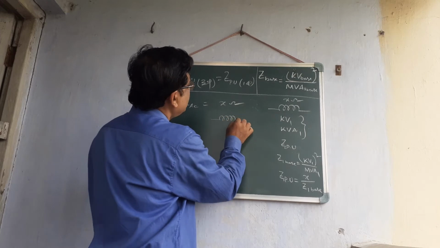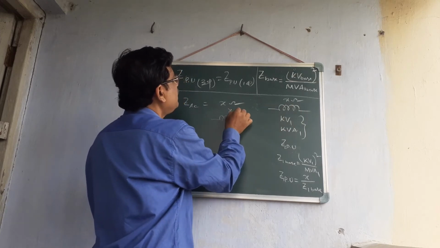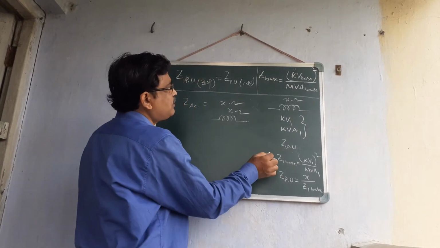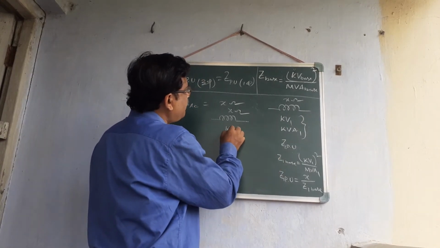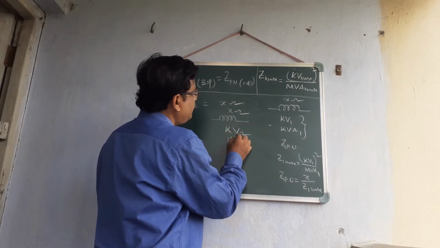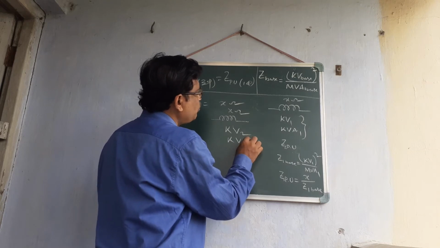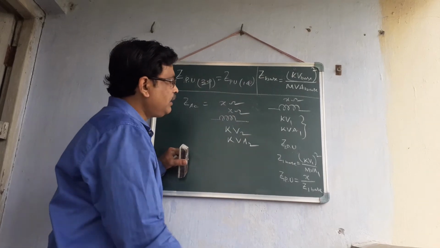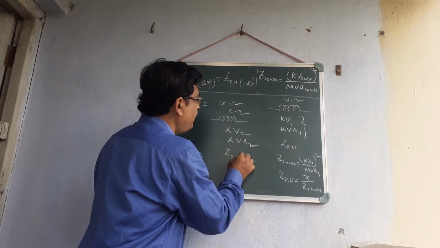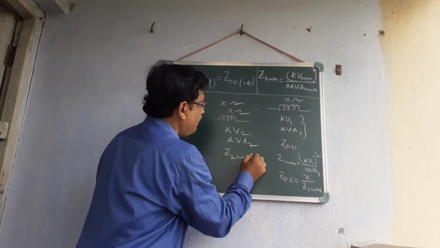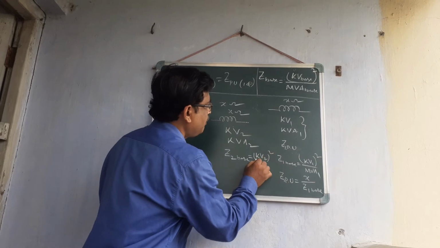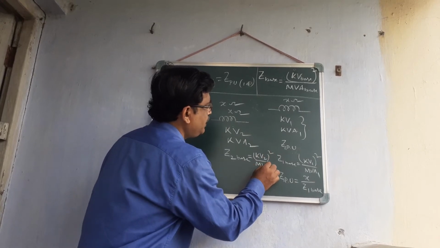Now assume this inductor is the same, that means it is again X ohm. Now we have to find its per unit value at another voltage, kV2, and kVA2. Again, Z2 base is how much? kV2 square by MVA2.